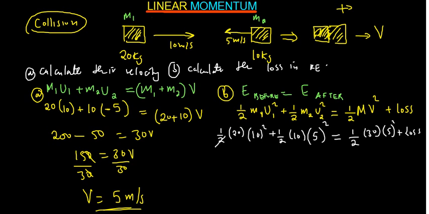So we know 2 can go into 20 10 times. 10 squared is 100, times 10, that will be 1,000. And then plus, we know 5 squared is 25. That 25 divided by 2 is 12.5. 12.5 times 10 is 125.